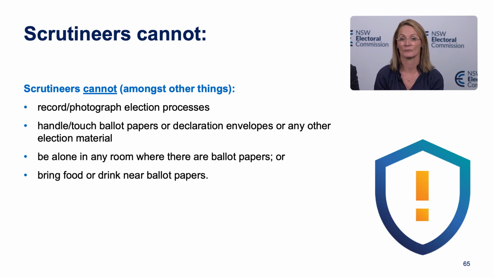Scrutineers cannot record or photograph election processes. They may not handle or touch ballot papers or declaration envelopes or any other electoral material. Scrutineers may not be alone in a room where there are ballot papers or bring food or drink near any ballot papers.